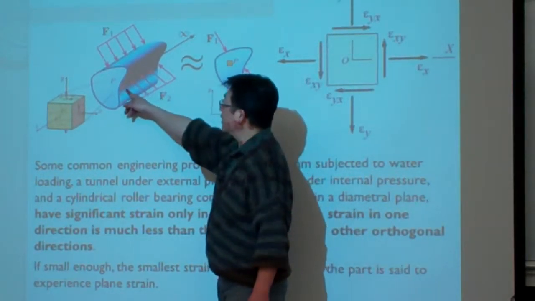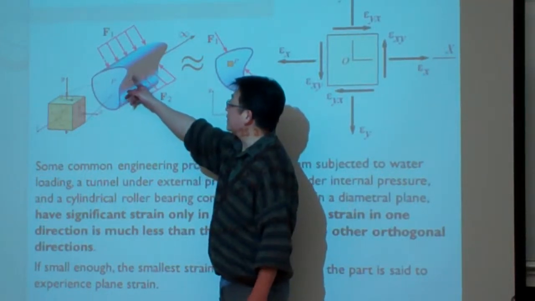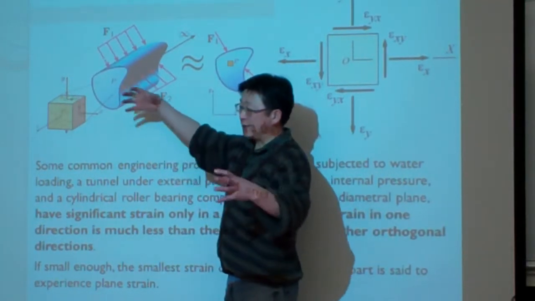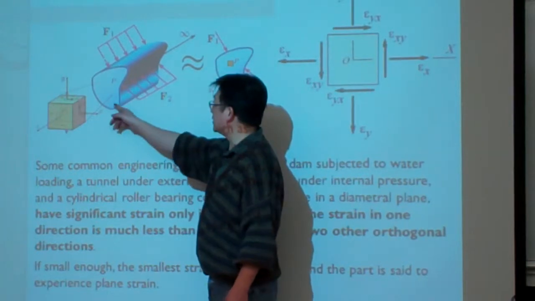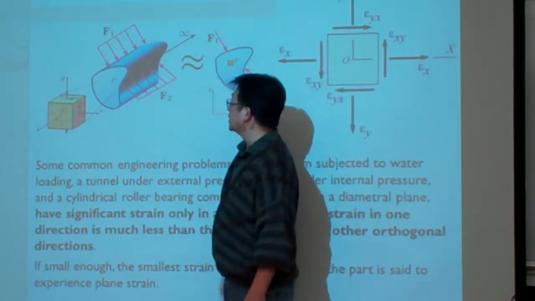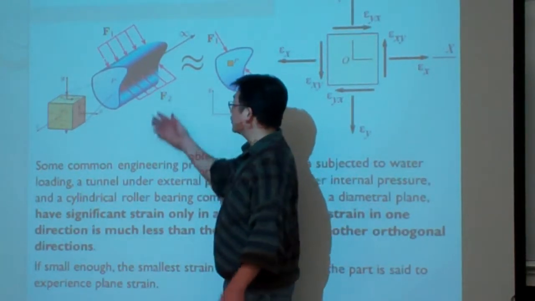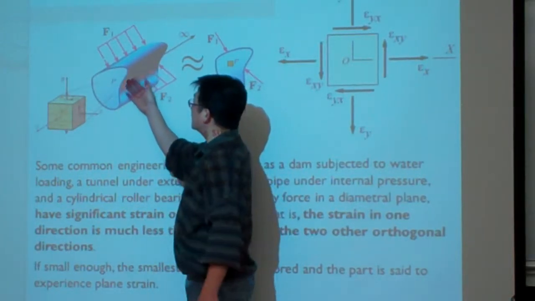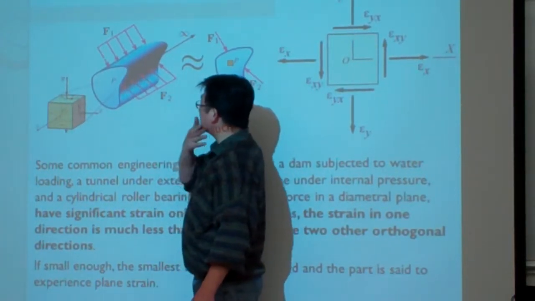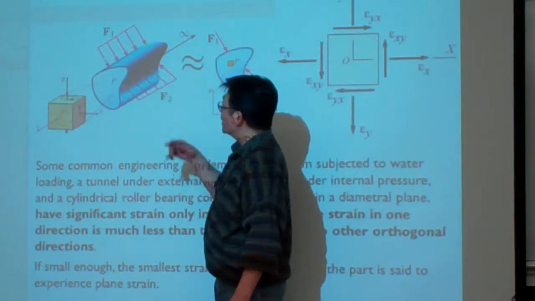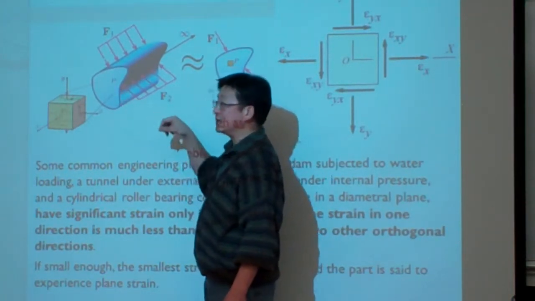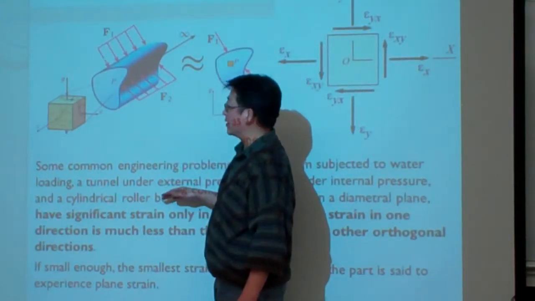In the real application, if this situation has one dimension that is very large compared to the other two, and is also under in-plane deformation, then the strain, that is a condition under which we're going to simplify the problem.